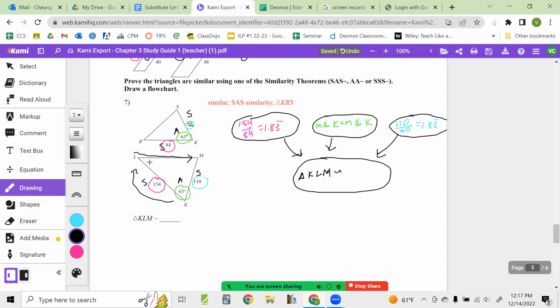So you see how the L to M is like blank? There's no number. So we're going to do the same on the smaller triangle. K to R, and then R to S. So triangle KRS. And don't forget the last part. Yes, this is similar because SAS similarity.